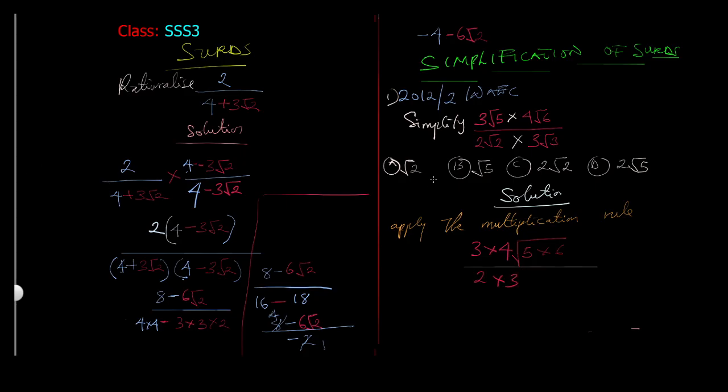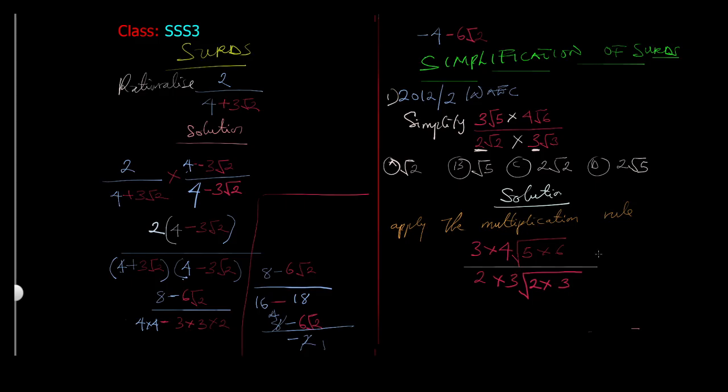Then we pick square root of 2 to multiply square root of 3, and put them in the square root sign, and that becomes square root of 6.